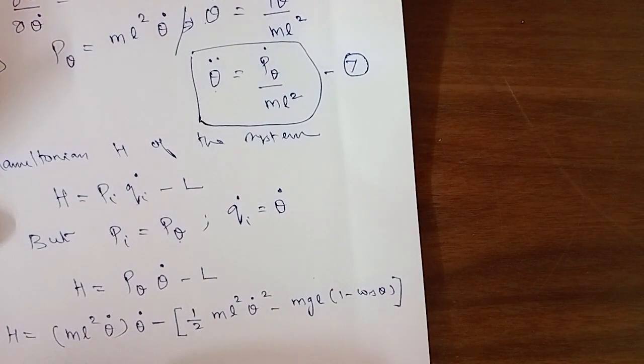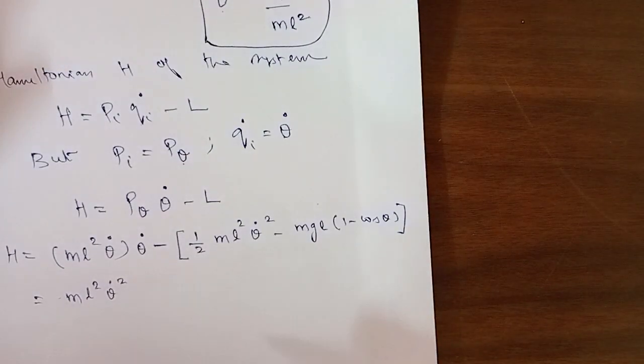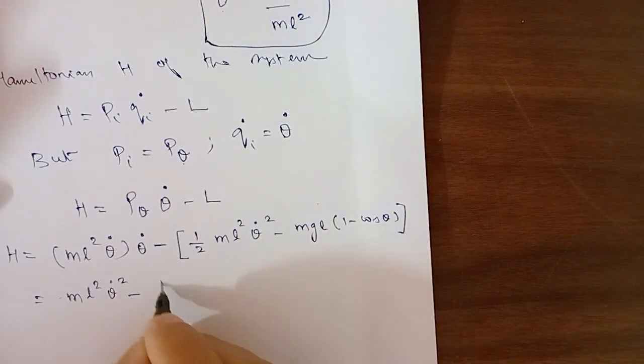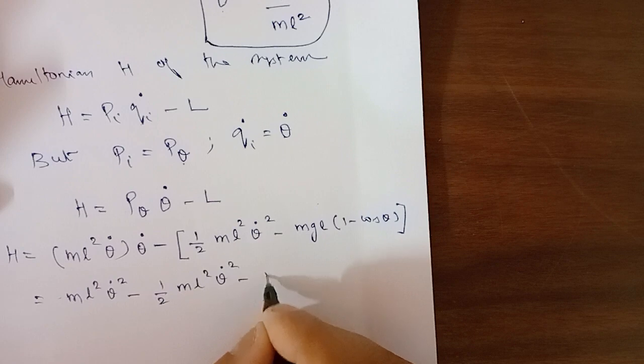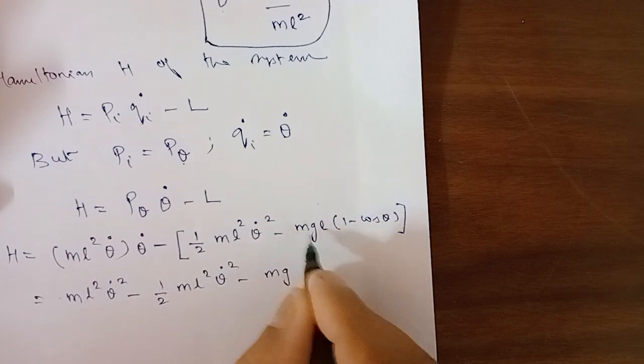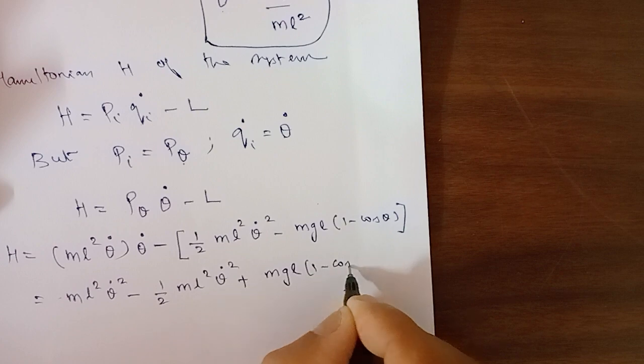Now you simplify it, what will happen? ml square theta dot square, minus of half ml square theta dot square, and minus of minus becomes plus mgl into 1 minus cos theta.